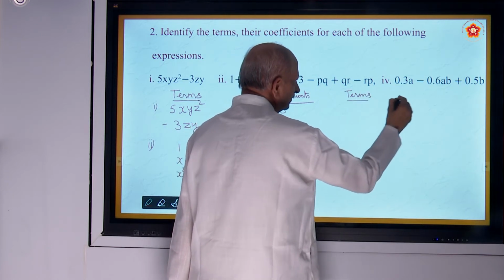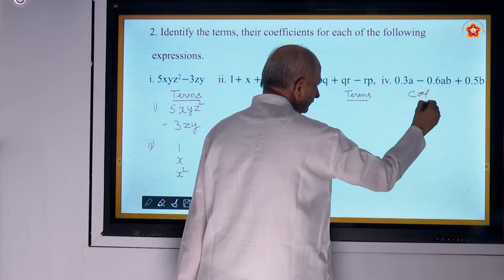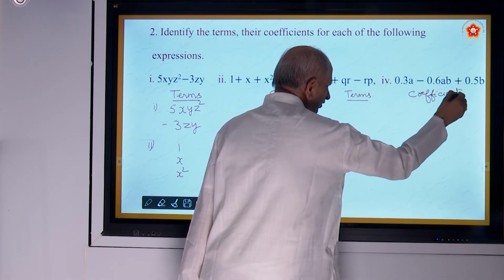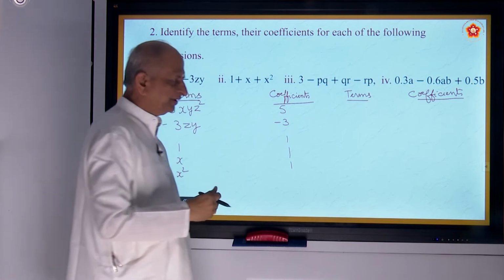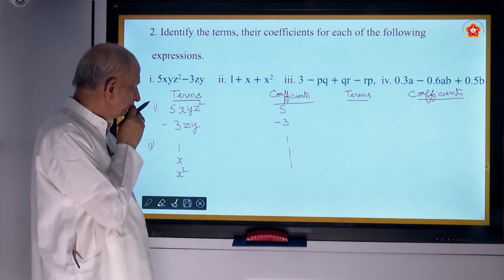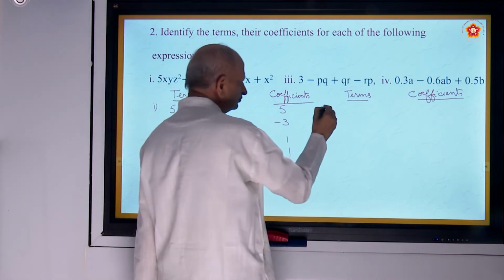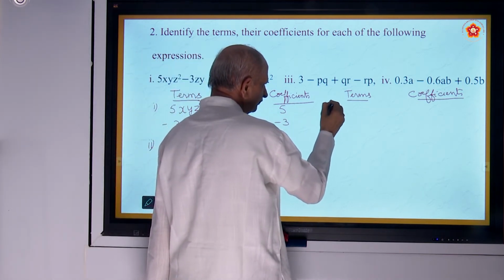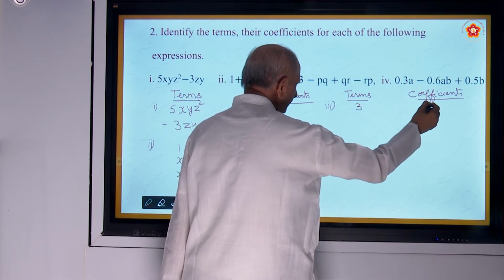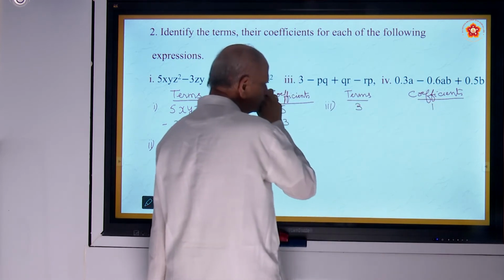Terms and coefficients. If you write in columns, it is nice. Of course, you can write without that also, but it will be clear now. So in the third question you have, first one is 3, coefficient is 1.